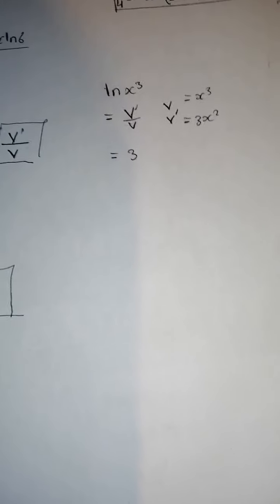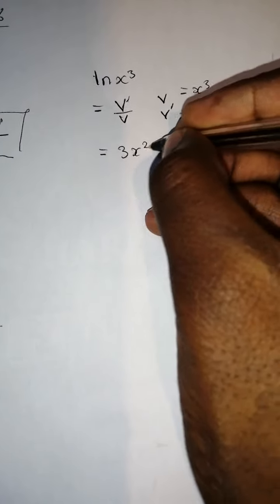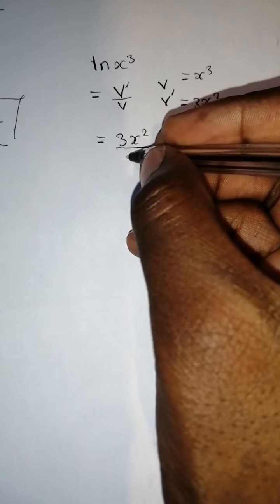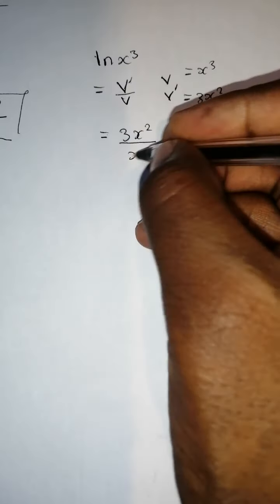So after replacing the formula, it will be 3x squared over x cubed.